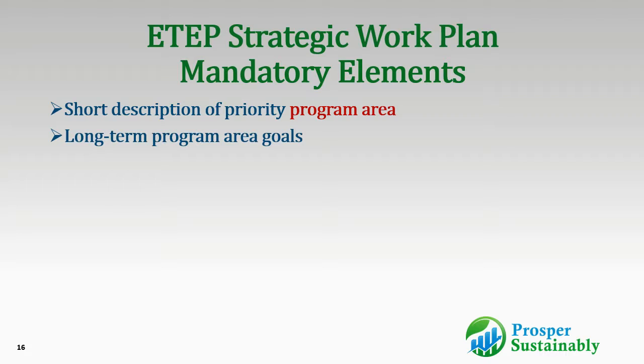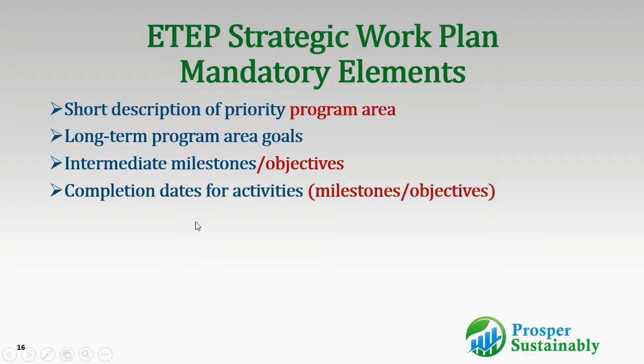That's a high-level overarching goal that's not very specific but is worth pursuing. So the next thing that you need to include in your ETEP strategic work plan are your intermediate milestones and objectives. So these are referred to in the GAP guidance as milestones. I refer to them as objectives. They're really kind of the same thing. It's what you're going to accomplish to achieve those goals within each priority program area.